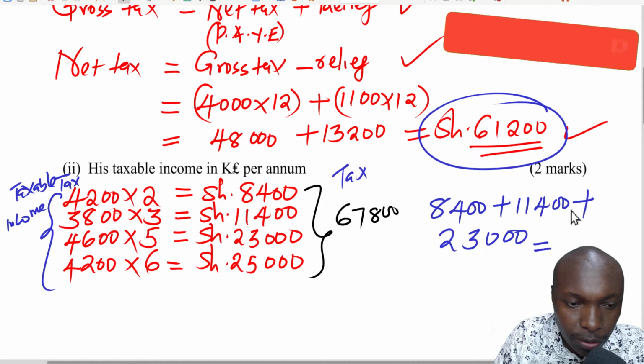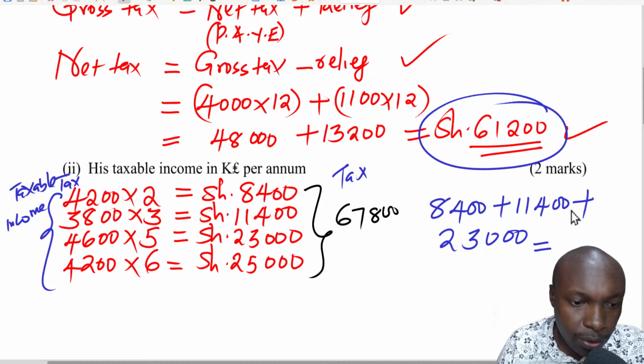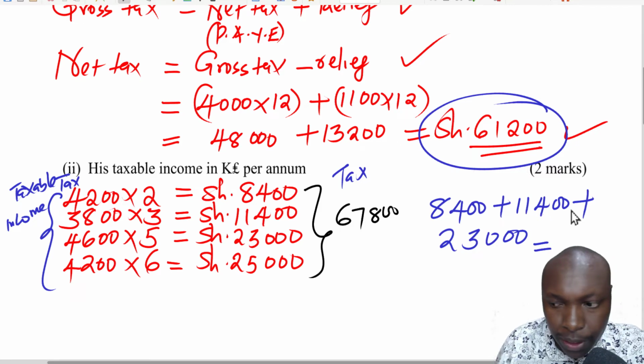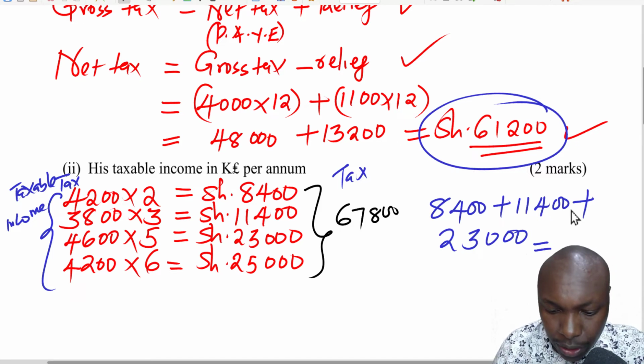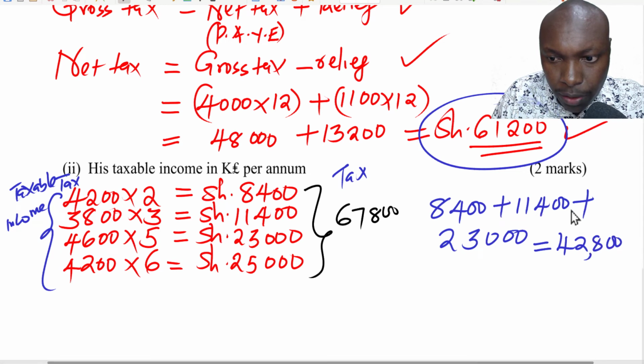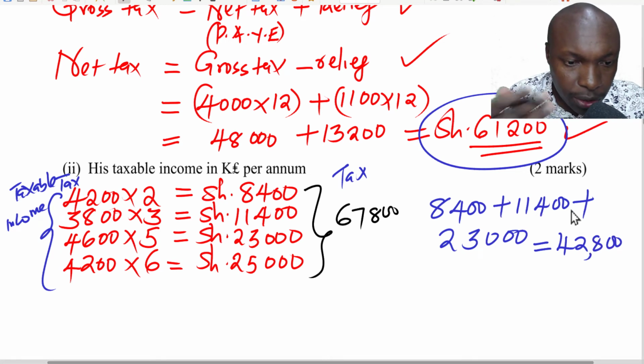It seems not the whole of that amount is going to be taxed. So we need to add up to that point, that slab, and see what you get. When you add that, 8,400 plus 11,400 plus 23,000, this will give 42,800, since if you proceed to the next slab, it is going to exceed.